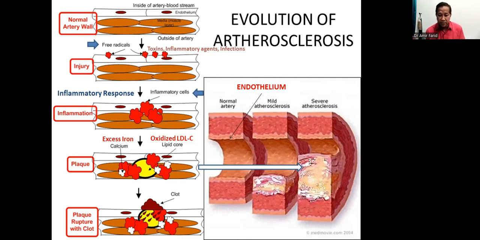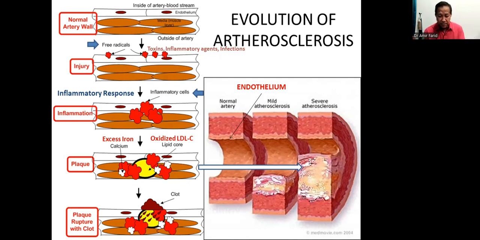Here we are referring to the artery. And this is where the starting point of atherosclerosis is. Okay, remember, it starts with damage, injury to the endothelium.